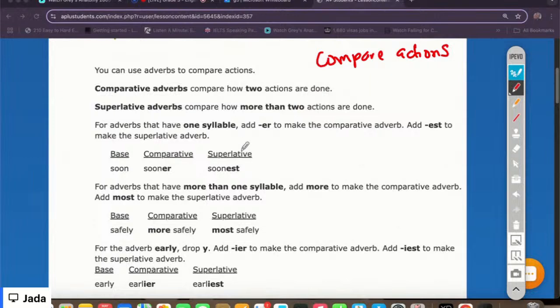Alright, so first of all, the comparative adverb compares two actions, how two actions are done.